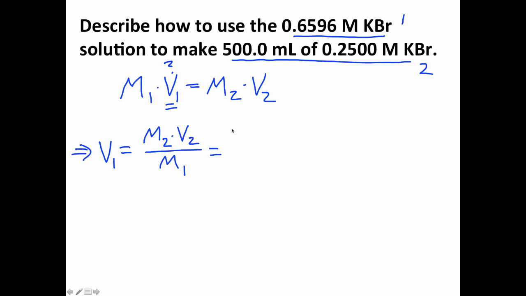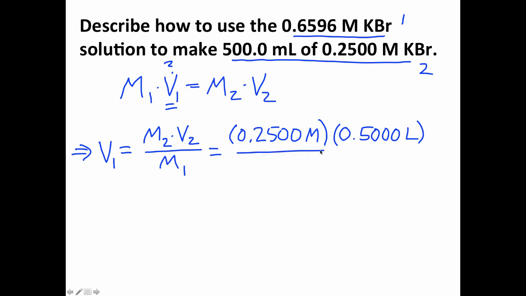Molarity of solution 2 is 0.2500 molar, and volume of solution 2 is 500 milliliters, so we're going to make that liters, 0.500 liters. And then molarity of solution 1 is 0.6596 molar.